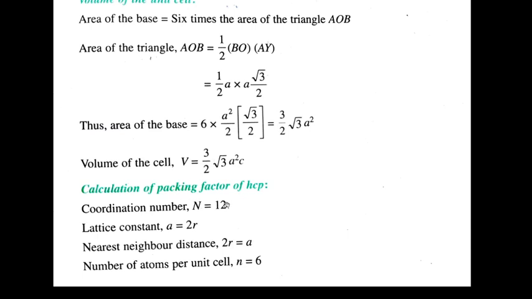Now, coordination number is 12, and the nearest neighbor distance will be twice r is equal to a. The number of atoms per unit cell is 6, as we had calculated. 6 are at the corner, and 6 on the other, so that is 12 atoms, and their contribution is 1/6 each. So, 1/6 into 12 gives you 1 atom.